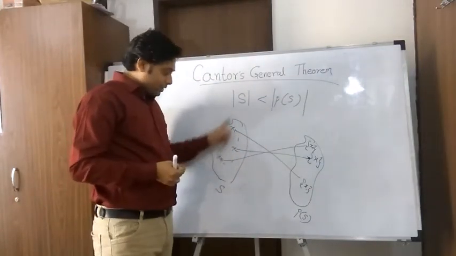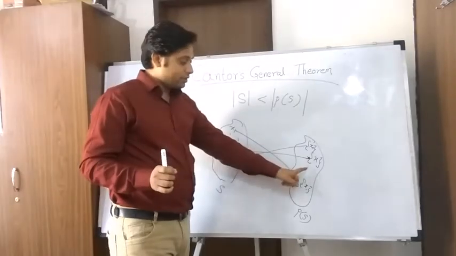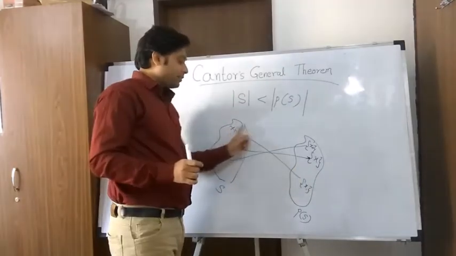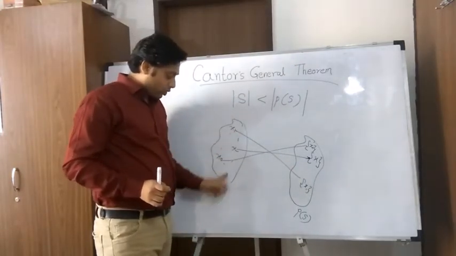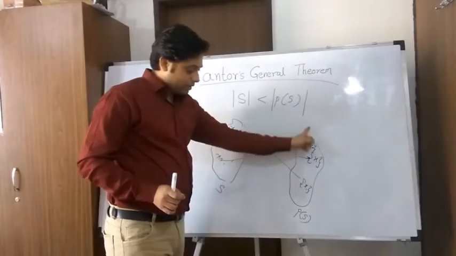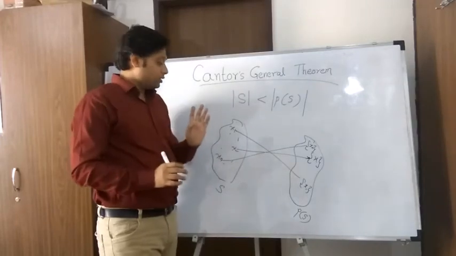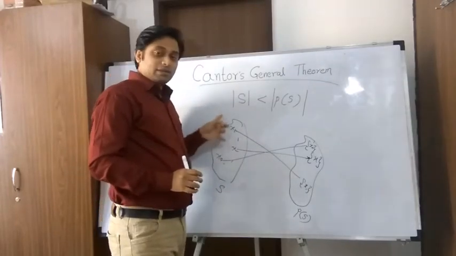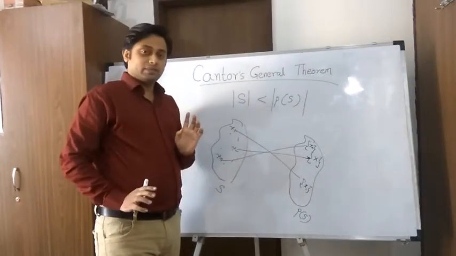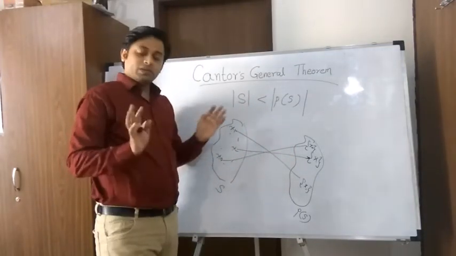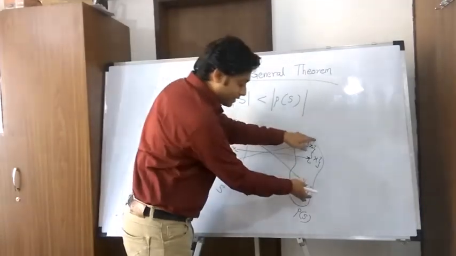So for all the elements over here, there is for sure one element over here to which I can map that element. So I will be successfully able to map all the elements of S with elements of PS. So for sure the number of elements in S is not more than the number of elements in the power set.